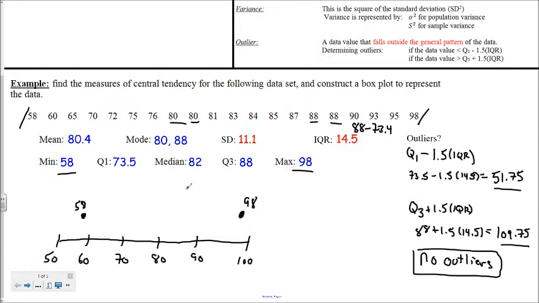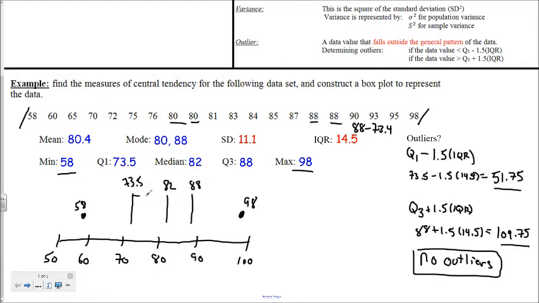I'm going to plot my median value, which is 82, which would be roughly here. And I'm going to plot my two quartiles, 73.5, which would be approximately here, and 88, which would be approximately here.